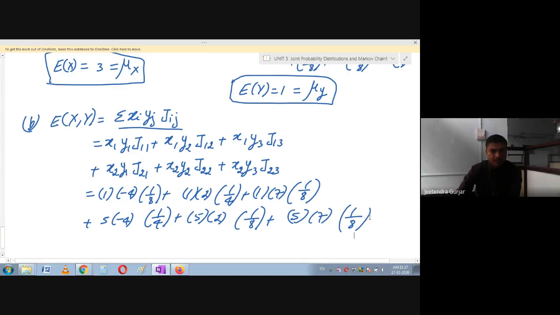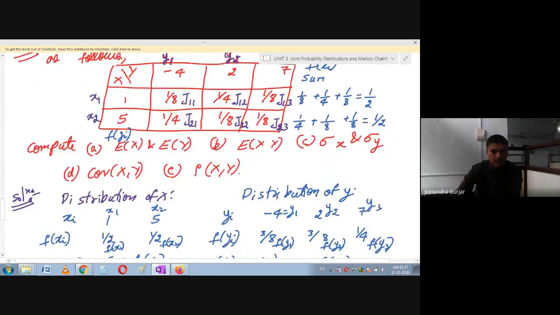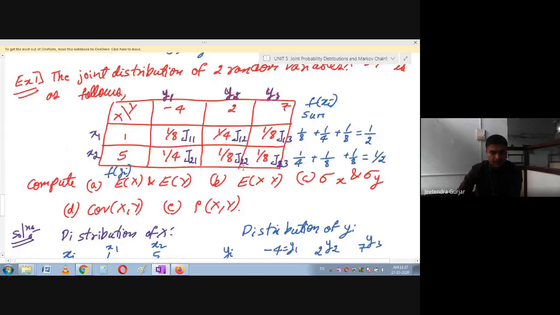What I have done is I have used this joint probability distribution table.